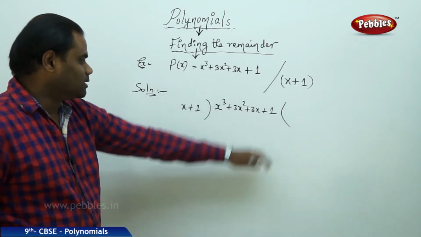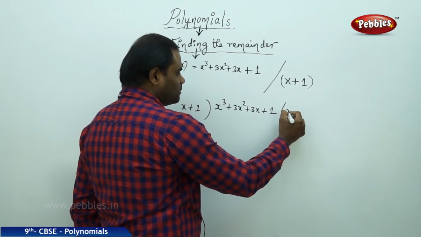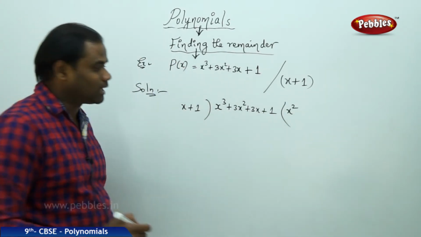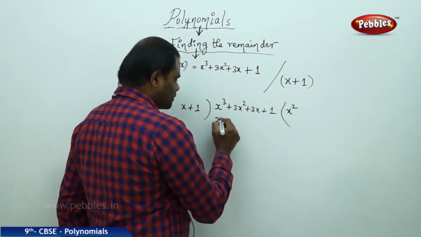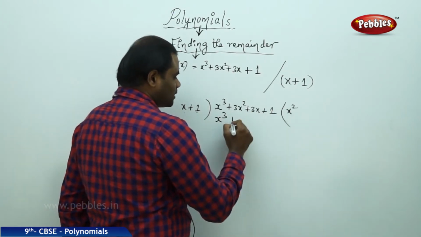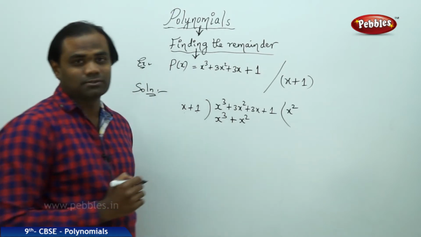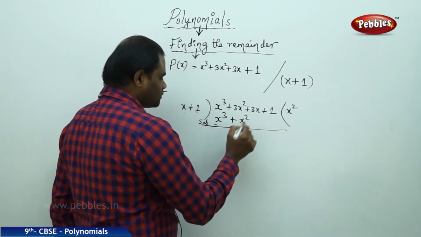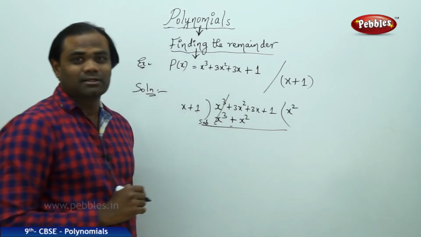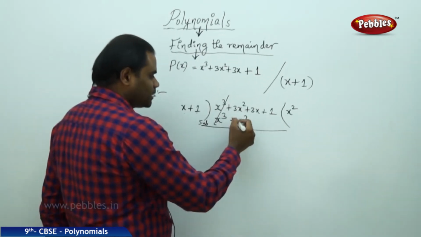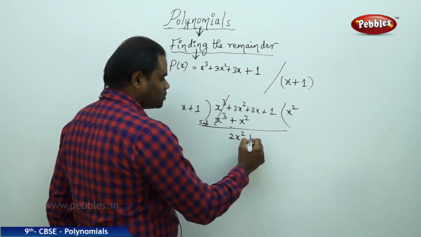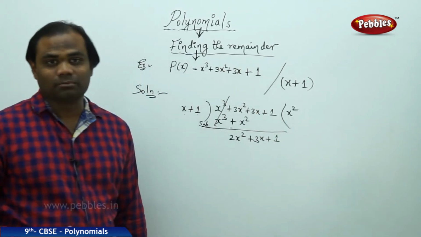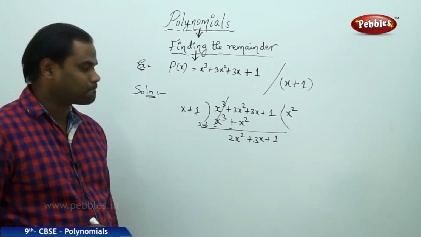Now continuing, x cubed can be obtained by multiplying x with x squared, so I get x times x squared, which is x cubed, and 1 times x squared, which is x squared. Then I subtract with the change of signs, this gets cancelled, and I get 3x squared minus x squared, which is 2x squared, with the other two terms dropped down directly from the given expression.